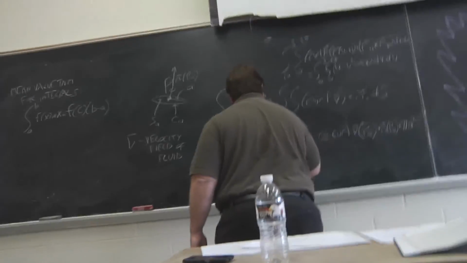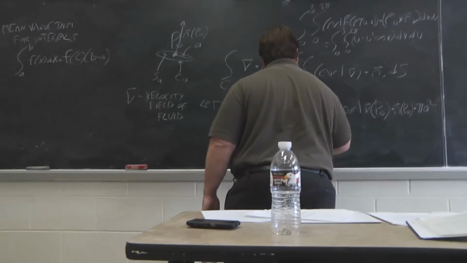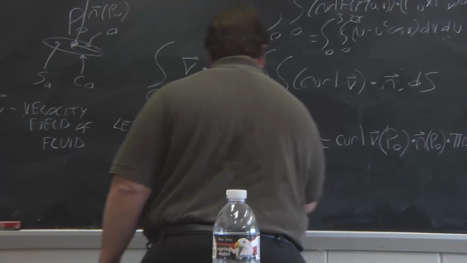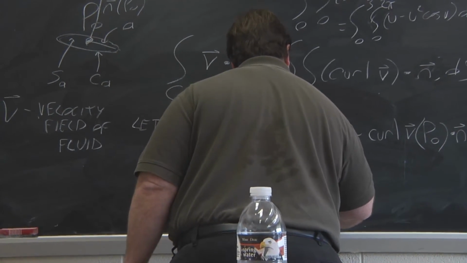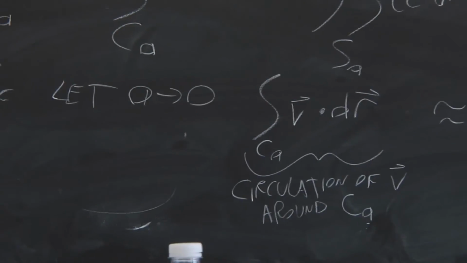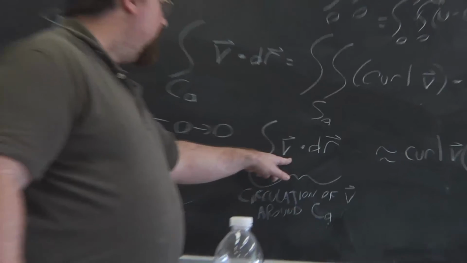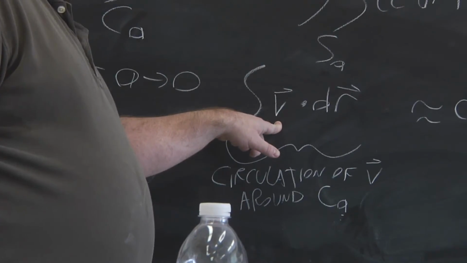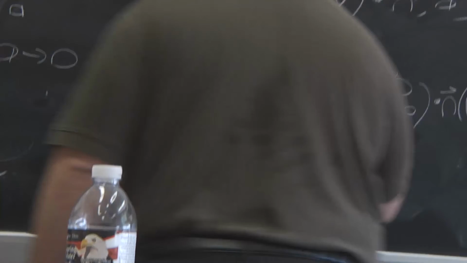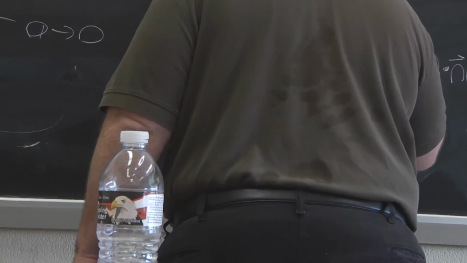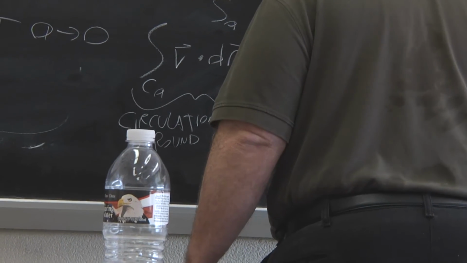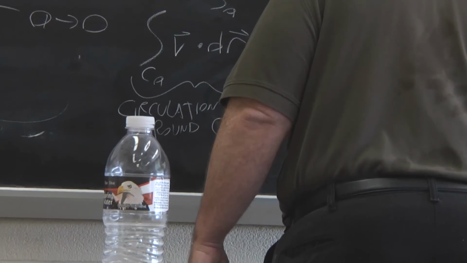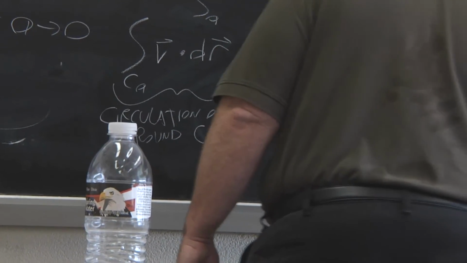It's called the circulation of V around this curve. If we keep in mind how we would evaluate something like this, this would be equal to the integral from a to b of V of r of t dot product with r prime of t dt.